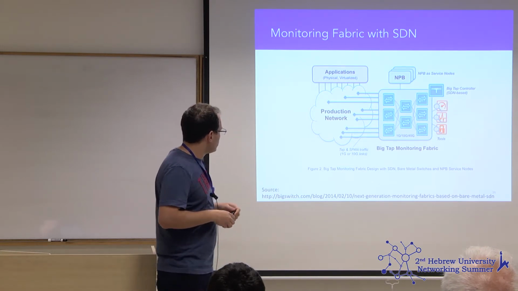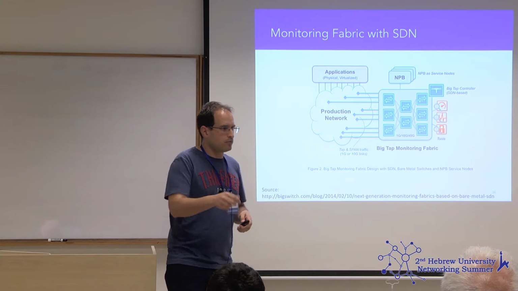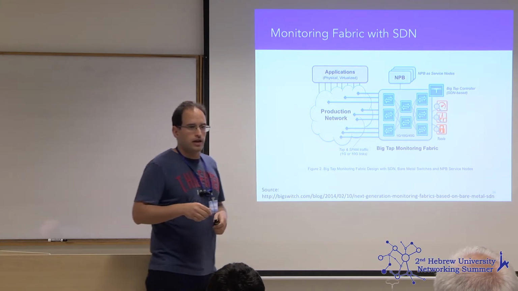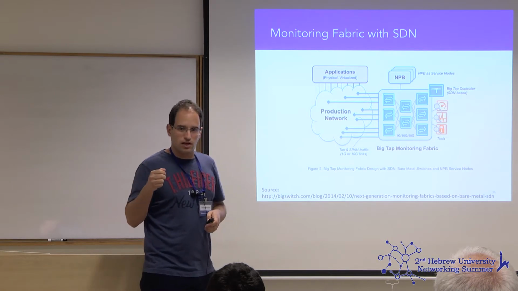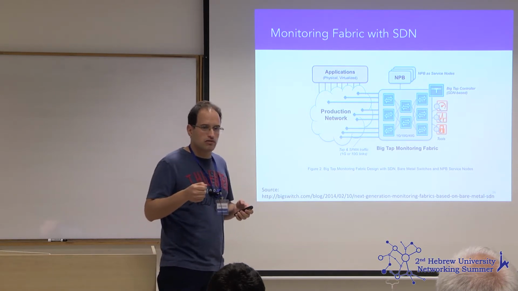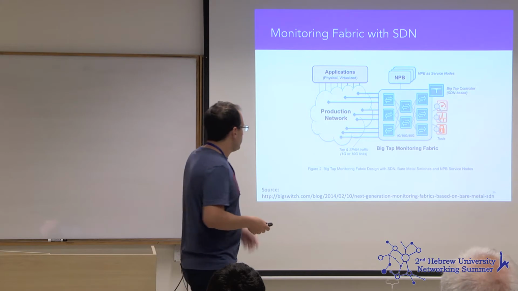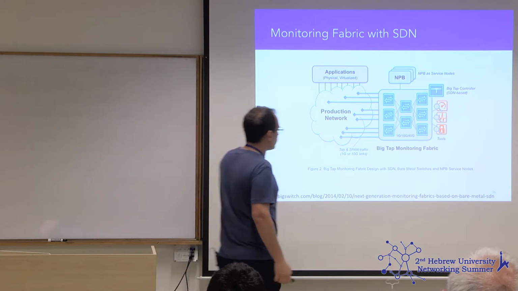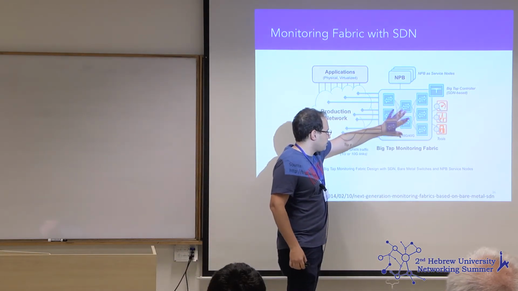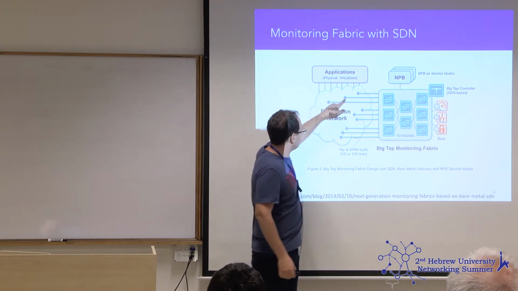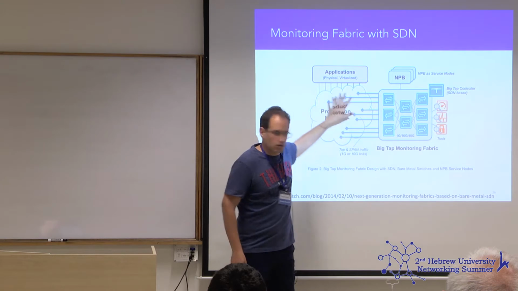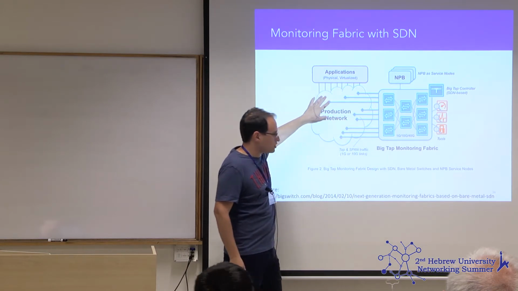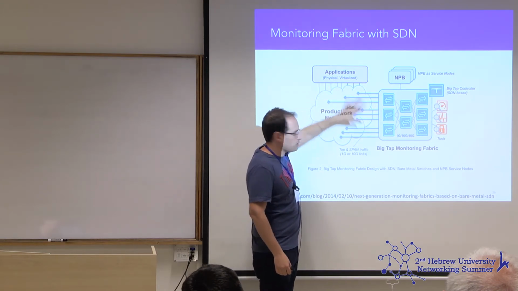So what they do is they tap the network using tap ports or so, and then they connect each such tap port to an OpenFlow switch, a physical OpenFlow switch, and then they build whatever network needs to be built here. This is your network, and these are the taps, and they build whatever network they need. It depends on the size of the network and its structure. It might be that you have multiple locations, for example.